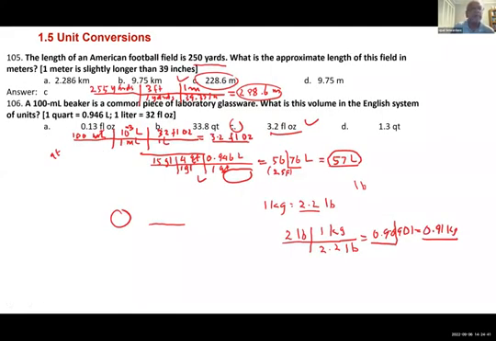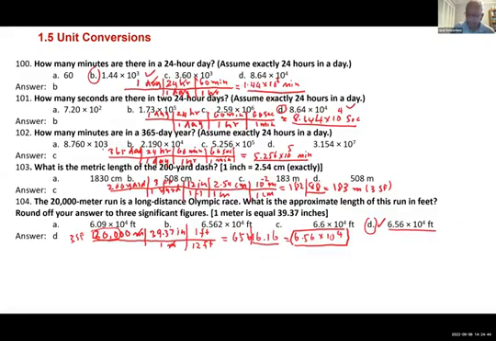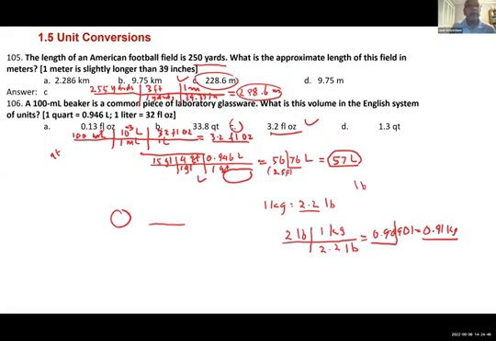So again, let's do some other calculation. An American football field is 250 yards. What is the approximate length in meters? I did the calculation. It's about 286. I converted yards to feet, inches to meters.